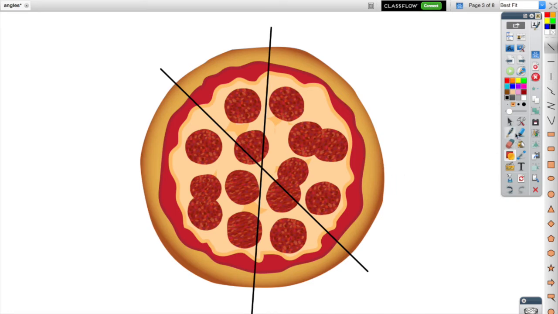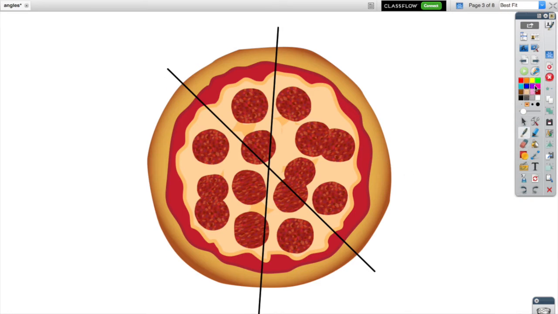But I'm going to leave it like this because what I want to point out to you is specifically this angle right here and this angle right here. Now these are called vertical angles because when I cut this first angle, I ended up creating a second angle which is directly across from the original.